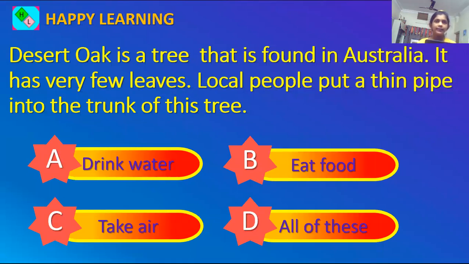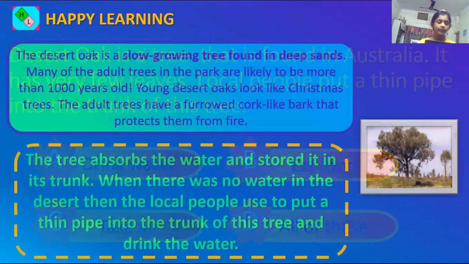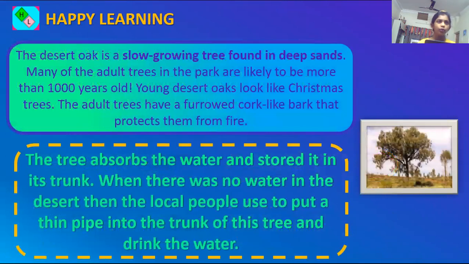The question is asking about a desert oak tree found in Australia. It has very few leaves. Local people put a thin pipe into the trunk of this tree. Why they put a thin pipe into the trunk is what the question is asking. Let us see the explanation. What is the desert oak tree?